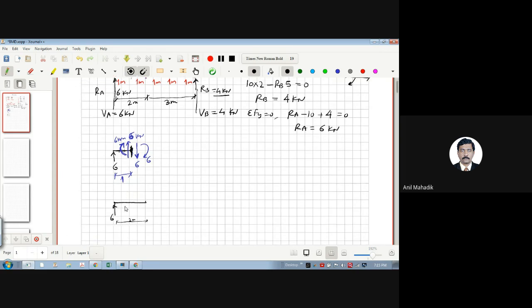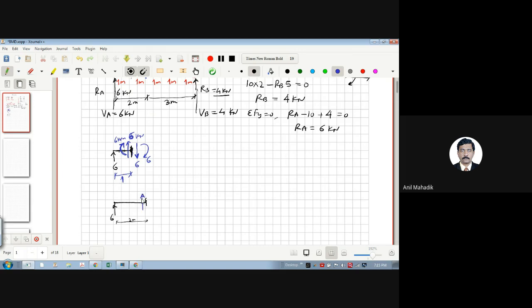Now, what is the shear force? It is the summation of all vertical forces to the left side. So is there anybody? Nobody. So this 6 will be directly there, there is a 6 force here also, and it will be uniform till this point.